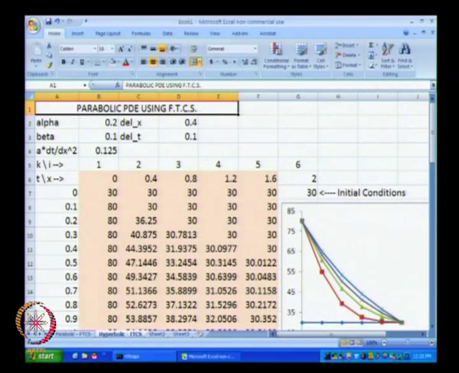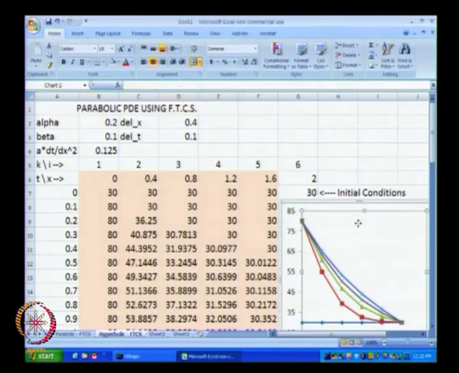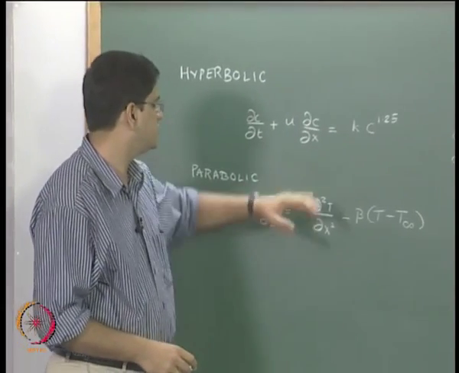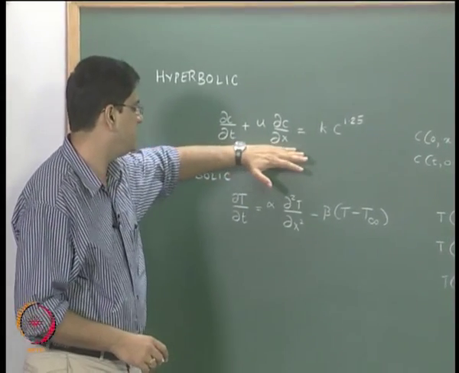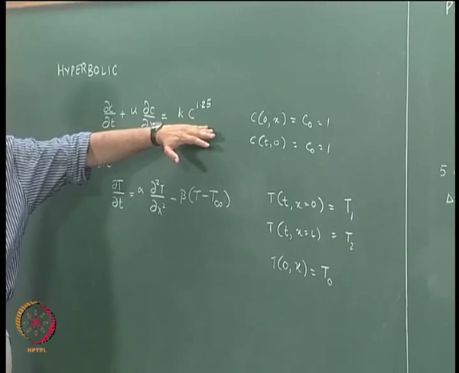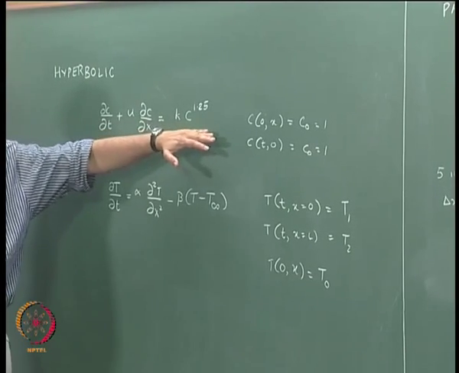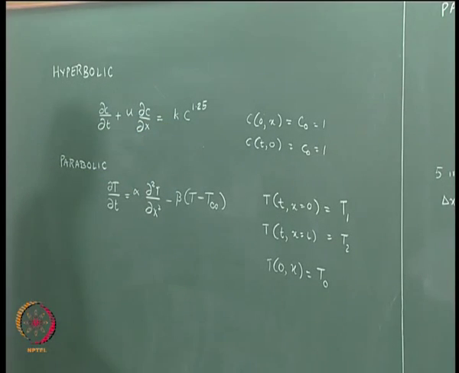in this particular example, and we will go and look at that example on the board, and then we will try to solve this. So, the hyperbolic equation that we had was dc by dt plus u dc by dx equal to k c to the power 1.25.